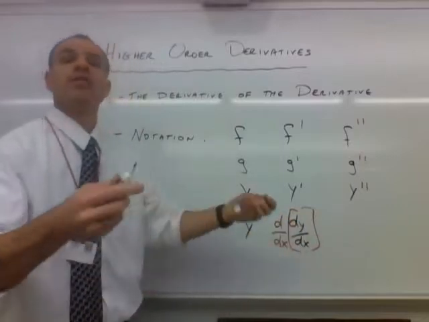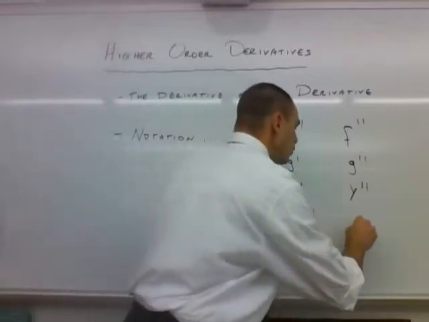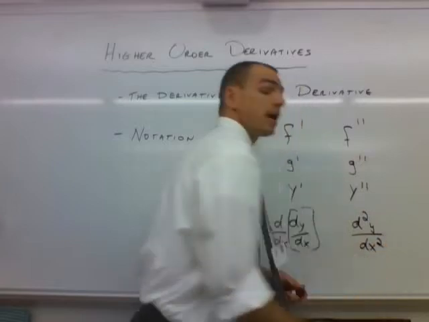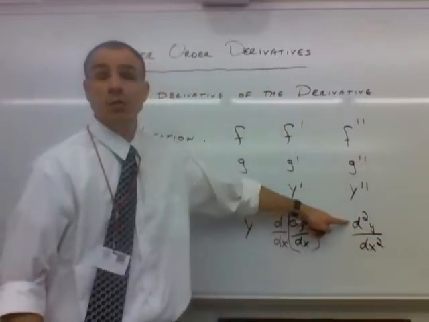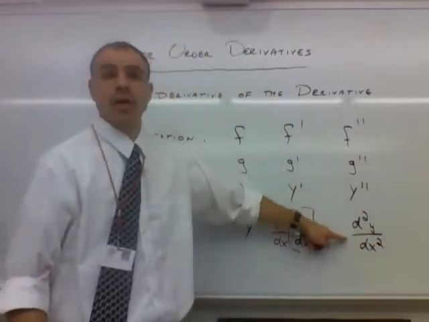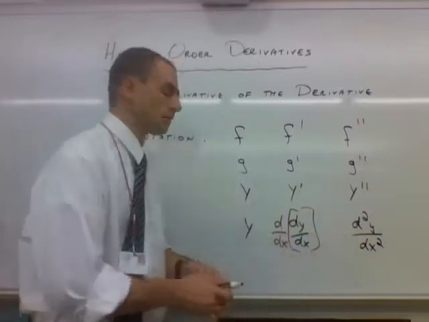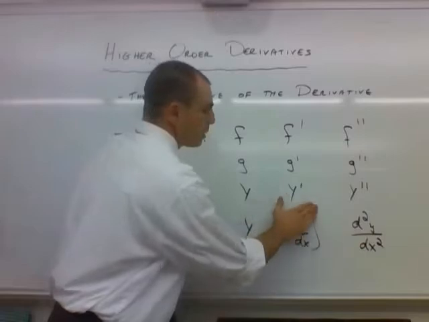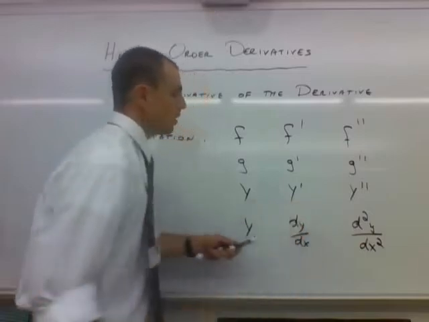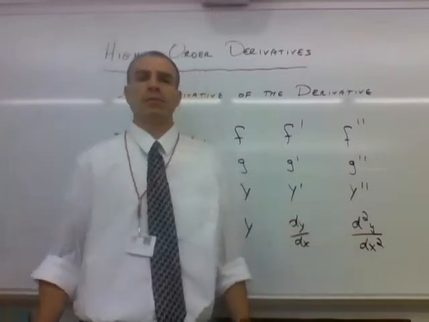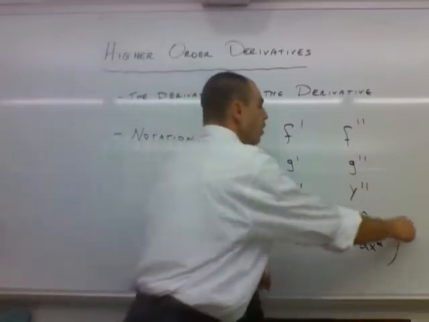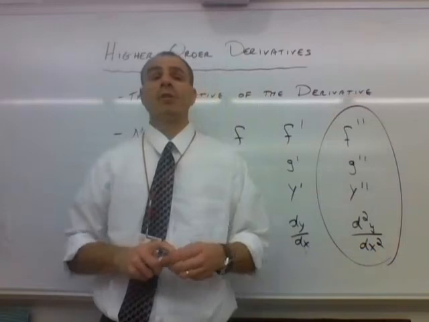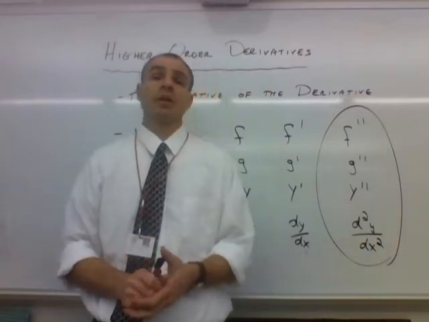So our second derivative notation would be this right here. And that's pronounced d2y dx2. It's another way of saying the second derivative. So if your first derivative is dy dx, then the second derivative would be d2y dx2. So these right here are all notations for the second derivative, and we'll do a couple of examples with those in the next couple videos.